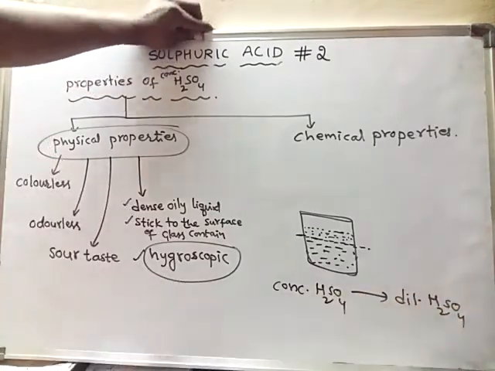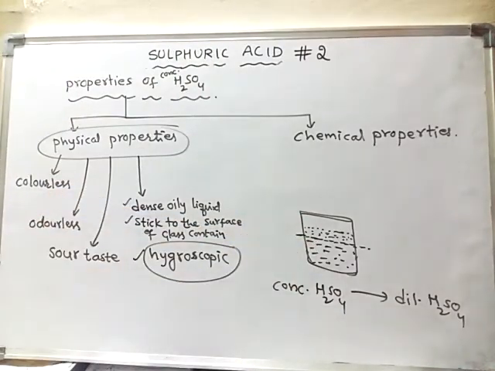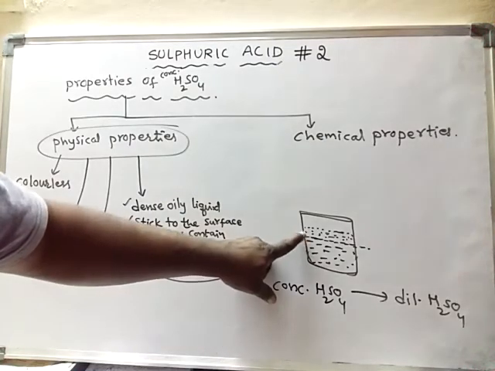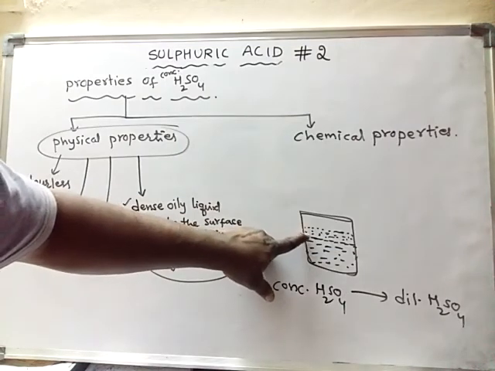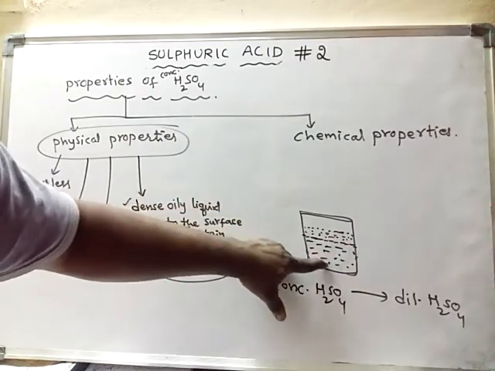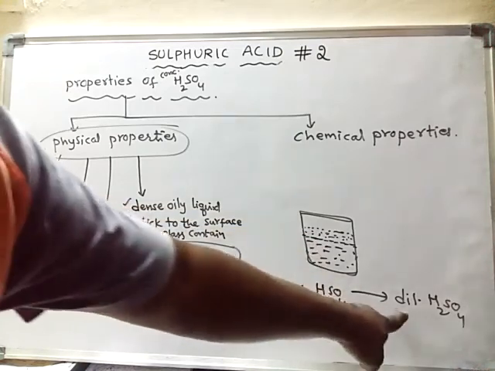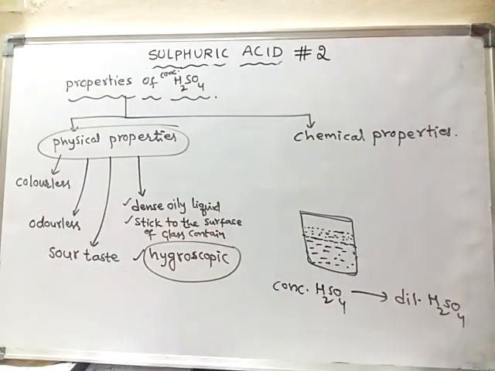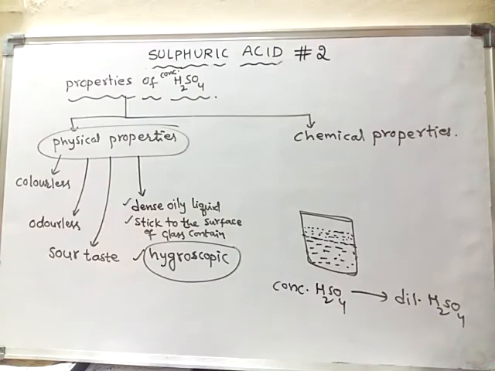So from this it is understood that the concentrated sulfuric acid has absorbed moisture from the atmosphere, and due to this the level of the acid has raised from here to here. Now this is no more concentrated sulfuric acid, this is dilute sulfuric acid. So in this way we can prove that concentrated sulfuric acid has hygroscopic nature.